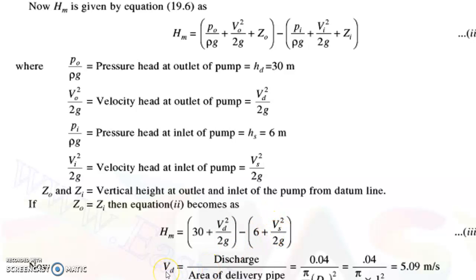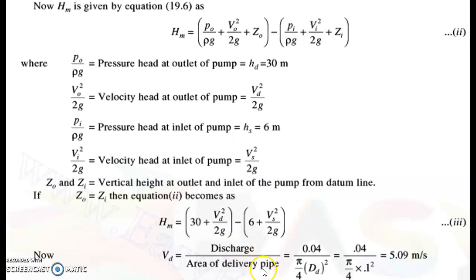So we can say that velocity at delivery is equal to discharge by area of delivery pipe. From the continuity equation, Q is equal to AV, we are trying to find out the value of Vd. Discharge is already given in the problem, and for finding out the area of the delivery pipe, area is pi by 4 d square. The diameter of the delivery pipe is already given in the problem.